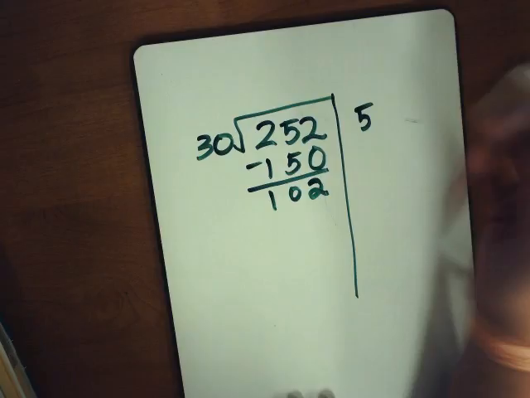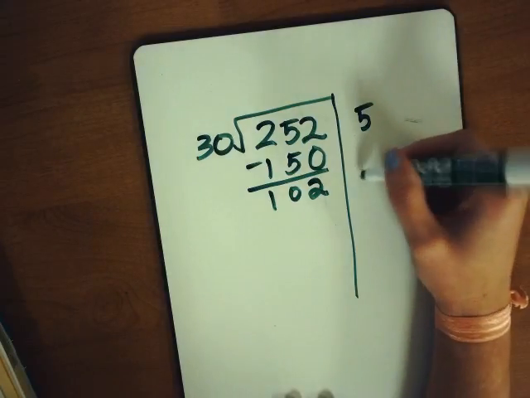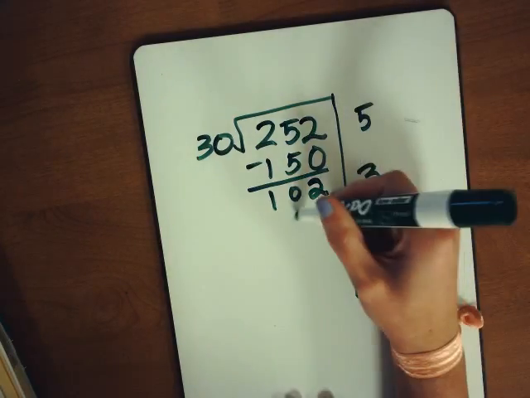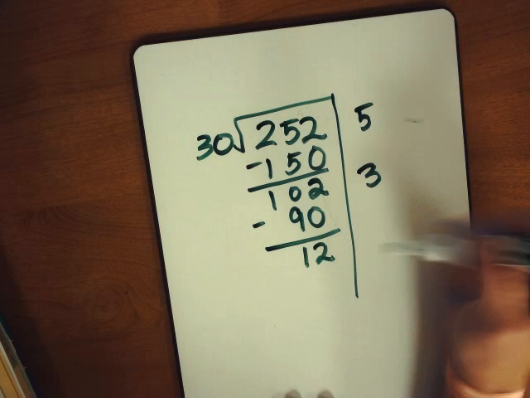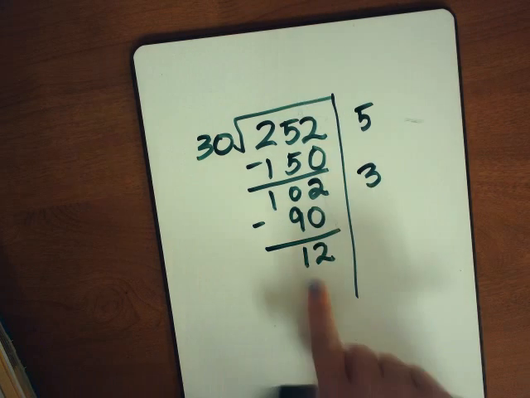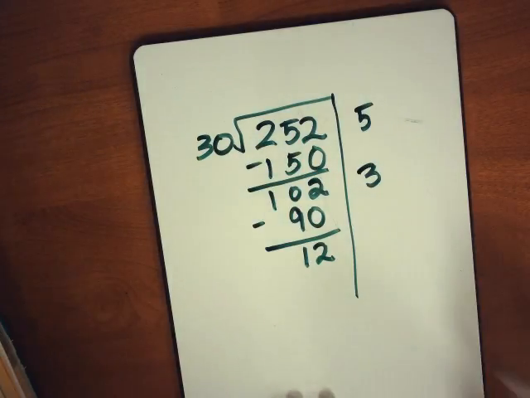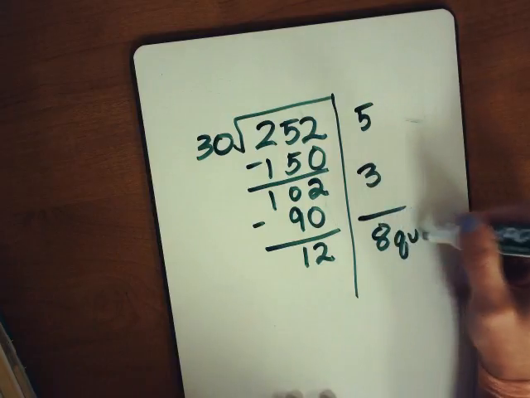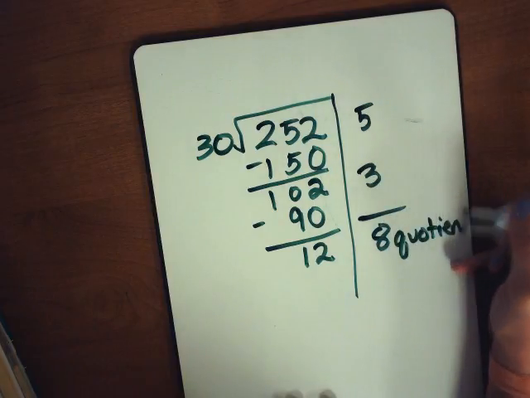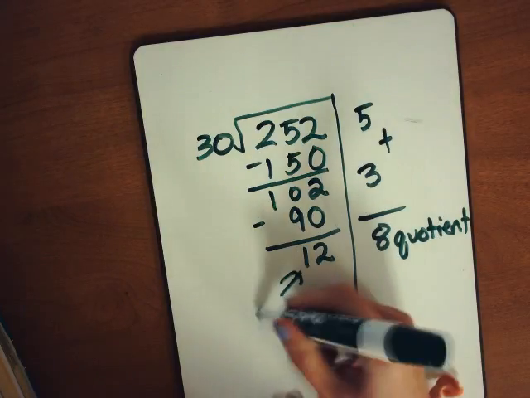Three times 3 will get me 9, so 3 times 30 will get me 90. And I cannot divide 12 into 30 equal places anymore. So my quotient then is 8. So I add that up, and then I've got 12 as my remainder.